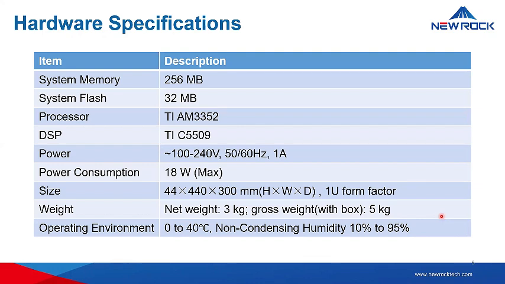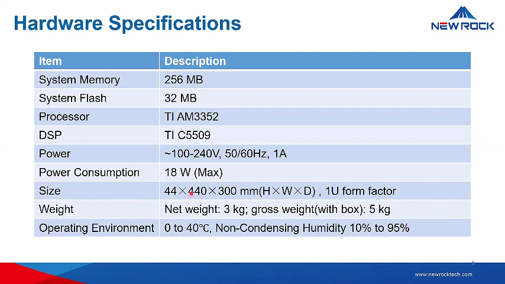So these are the hardware specifications of our OM1000 TE. System memory is 256 MB, the system flash is 32 MB, and we use a TI ARM 3352. The DSP is the C5509, and the power voltage is 100 to 240 volts, with a maximum power consumption of 18 watts.